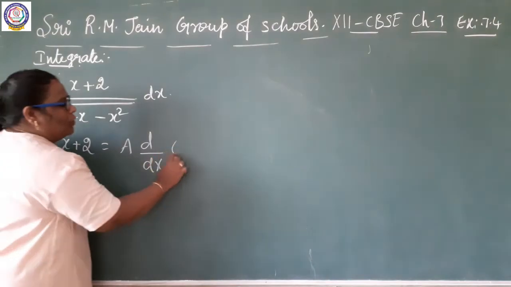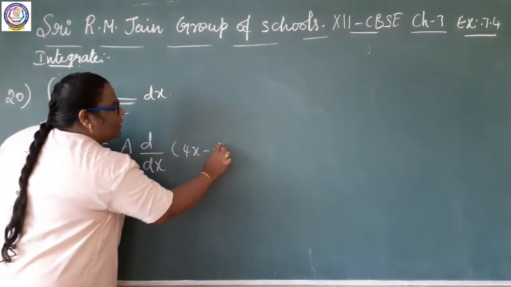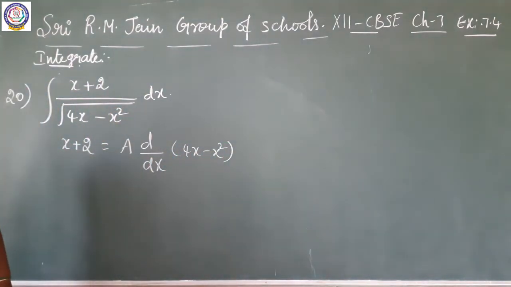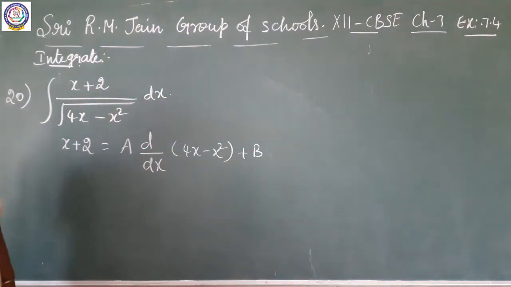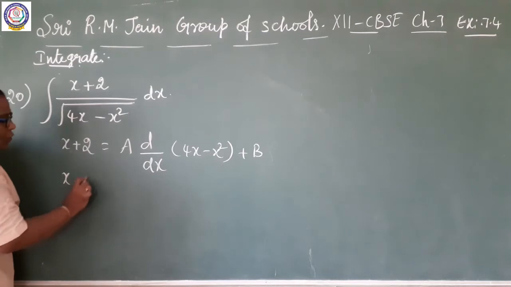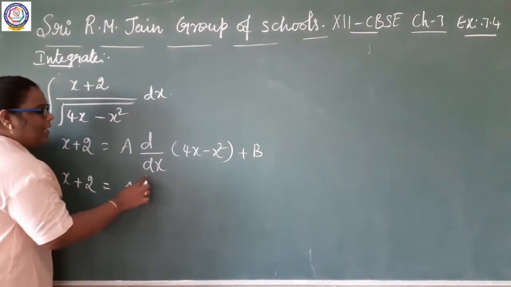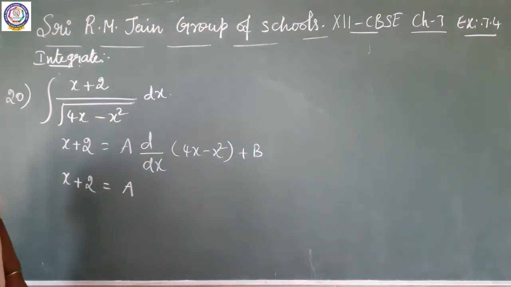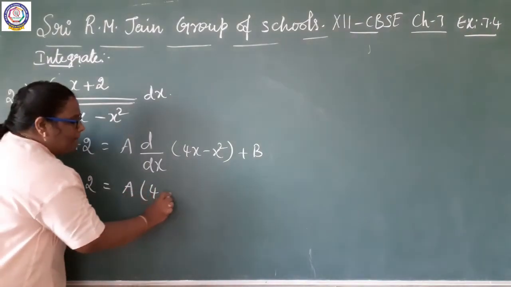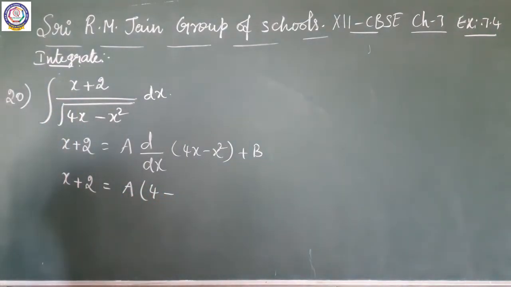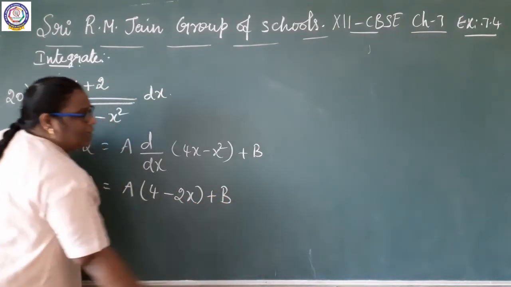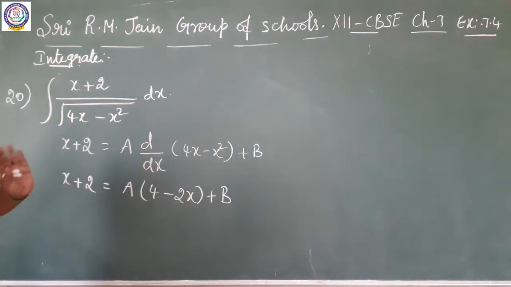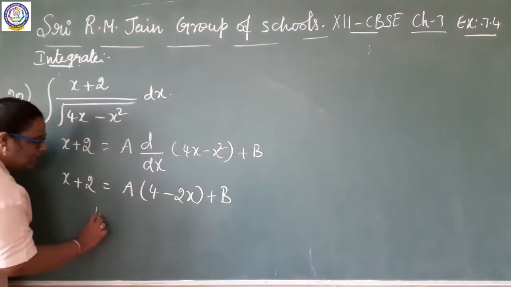That value is 4x minus x square plus b. So x plus 2 equal to a into, what is the differentiation of 4x? 4, minus the differentiation of x square, 2x, plus b.